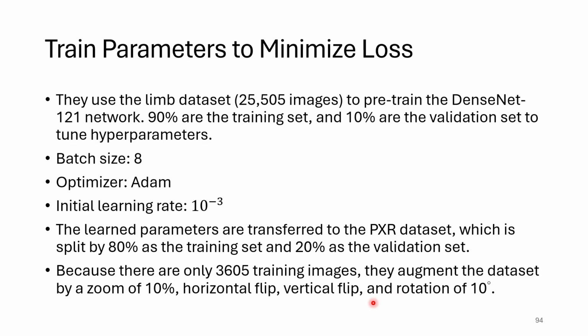So they can enlarge the dataset from around 3,600 to at least 16 times, because as you can see, this is twice, then 4 times, 8 times, and by the latest augmentation, it can enlarge the dataset to 60 times.